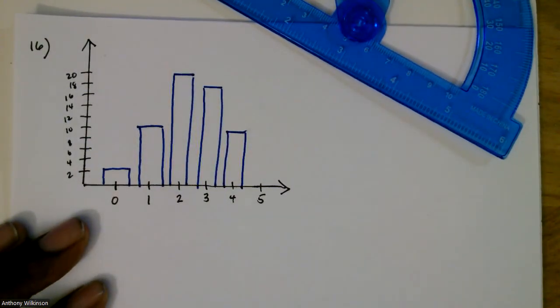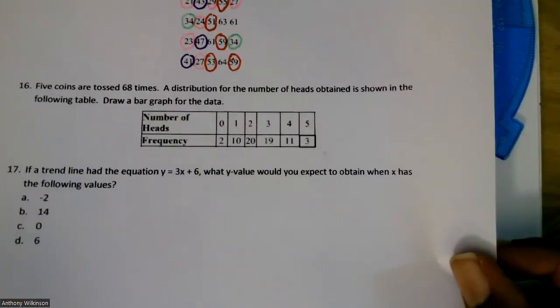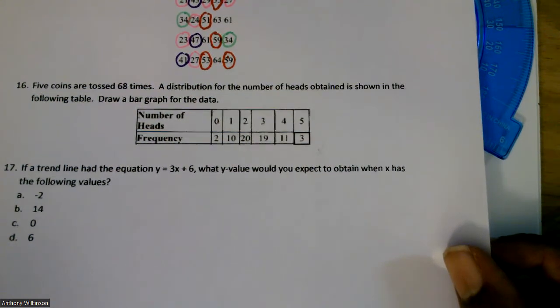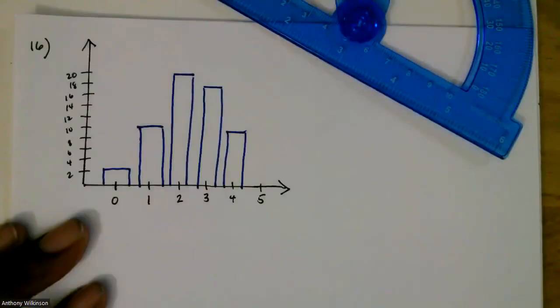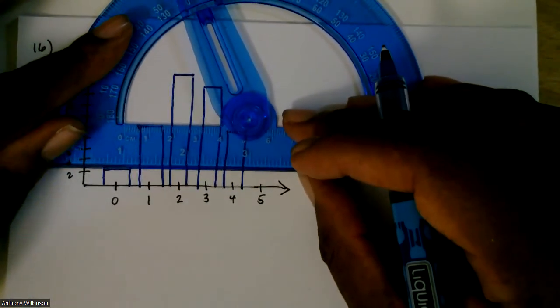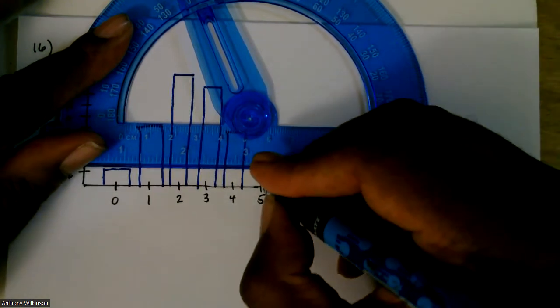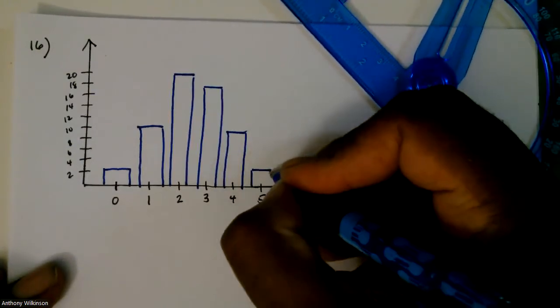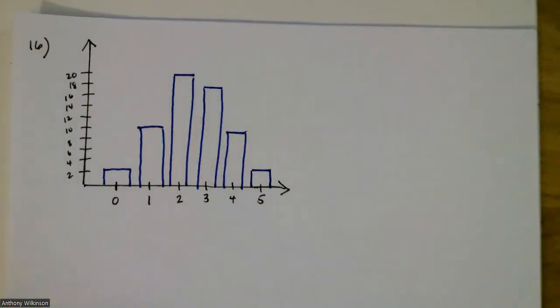And then finally, for 5, the number of heads was 5, that frequency was 3. Halfway between 2 and 4. So this is what the bar graph looks like for that data. So that's problem number 16.